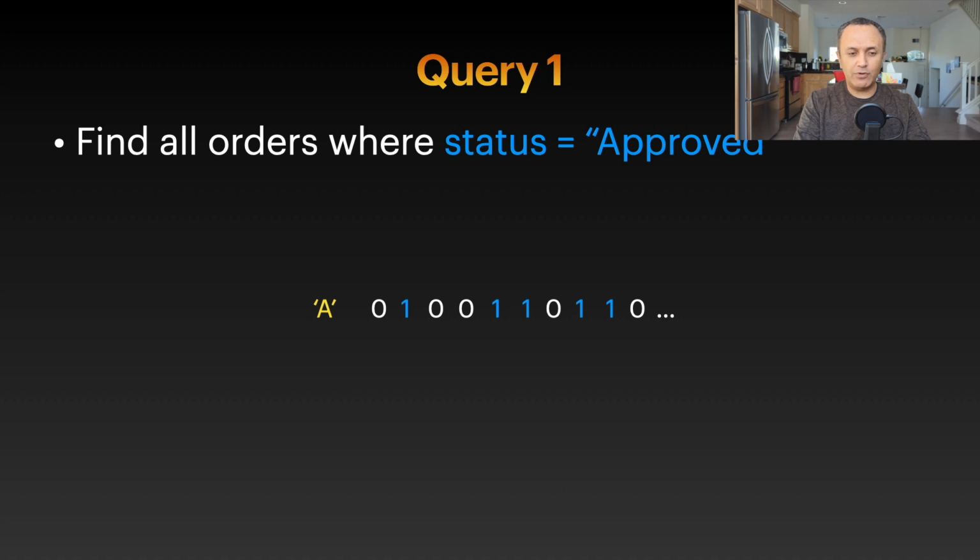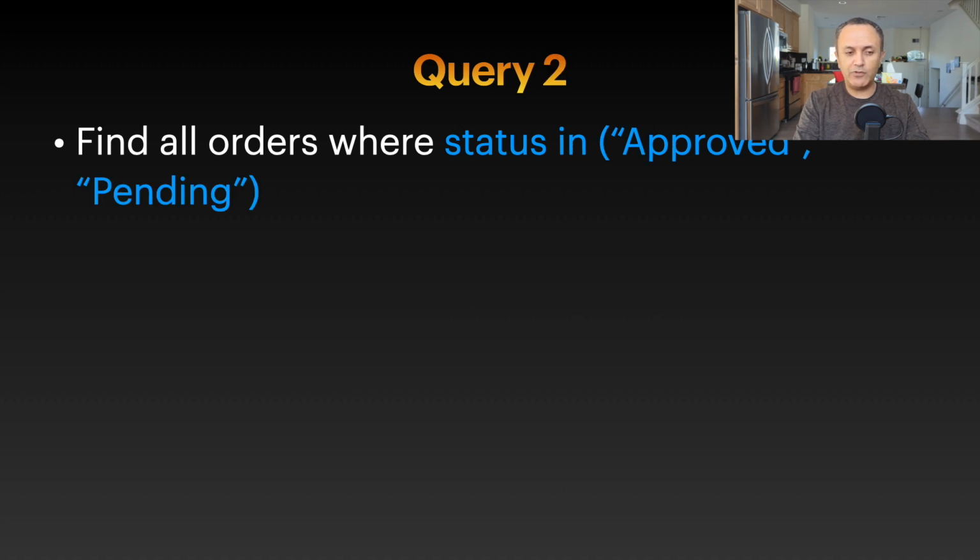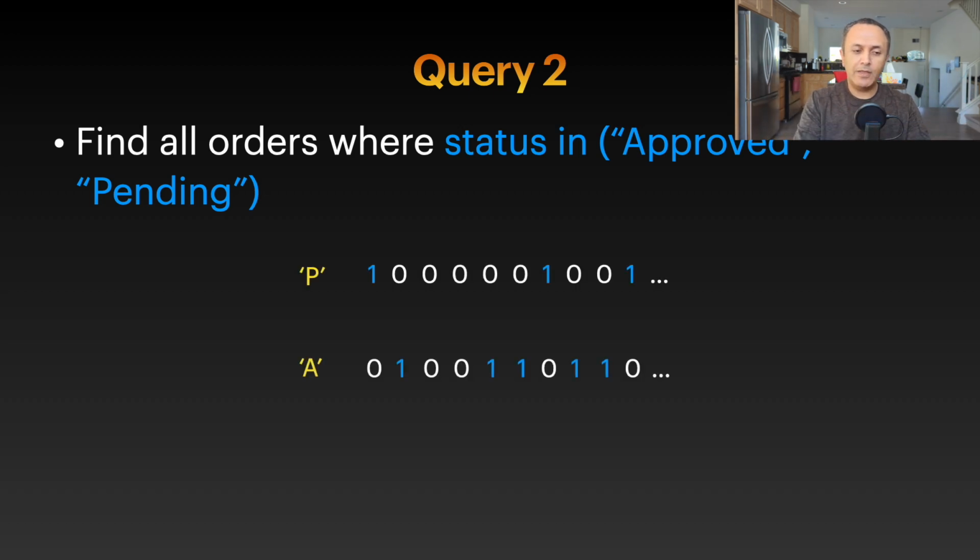If I have one of the more complex queries, like find all orders where status in approved or pending, again, this is basically an OR query. We're trying to get either status equals approved or status equals pending. So I need to get those 2 bitmaps, the one for approved and the one for pending, and then do a bitwise OR on these 2 bitmaps.